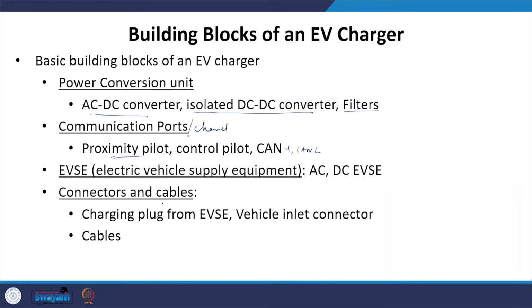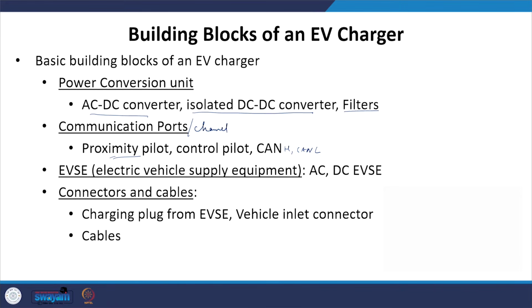And then you have a dedicated connector, which is connected between the EVSE and your vehicle. So you have a dedicated connector as well as a cable. If you have an EVSE, then you have a charging plug coming out of that EVSE through a cable.